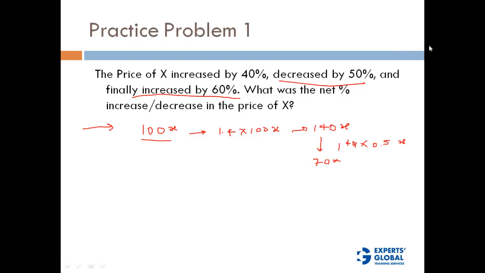So this 70x is increased by 60%. So it is 70 into 1.6x. So 70 into 1.6 is going to be 112x. So it's an increase of how much? Increase of 12%.